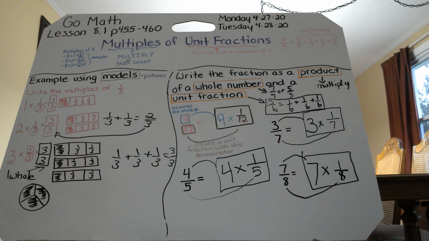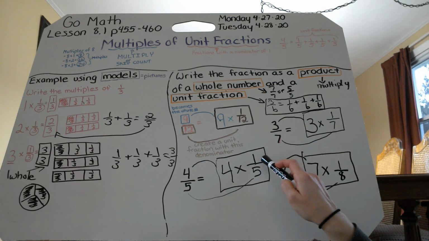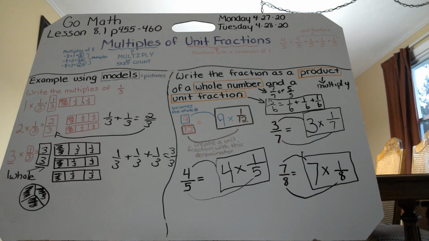We know that product means multiply, so we have to put our multiplication sign in there. And we know with our unit fractions, we have to have a numerator of 1. So we get our denominator by using the same denominator that we are starting with in our fraction, and we fly it over. It becomes our denominator, and we slap a 1 on top, and that's how we make our unit fraction.